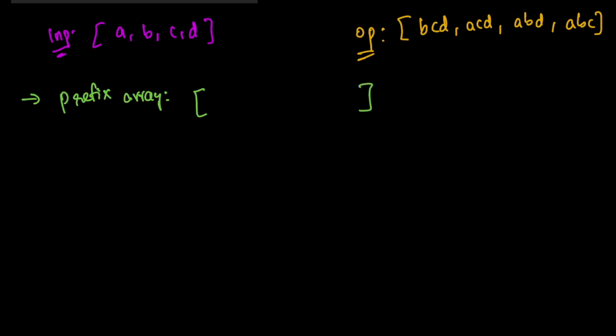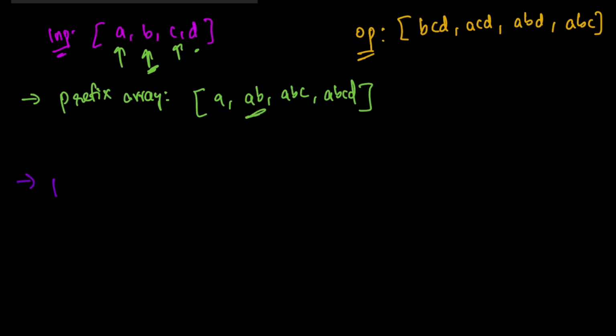For the first iteration, this would be A. For the second iteration, I'd multiply A with the next number B, which would be AB. For the third iteration, I'll multiply C with the previous multiplication, which is AB, so that would be ABC. Similarly, for the last element, I'd multiply D with ABC, which would give ABCD. This is how I would form my prefix array.